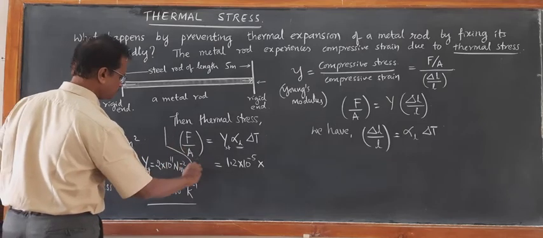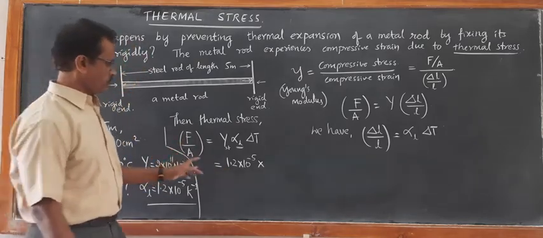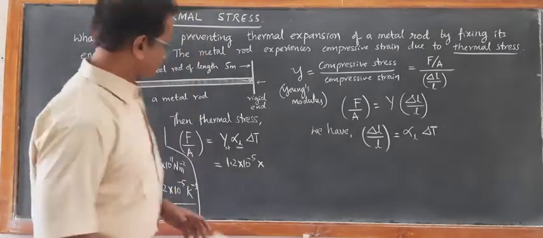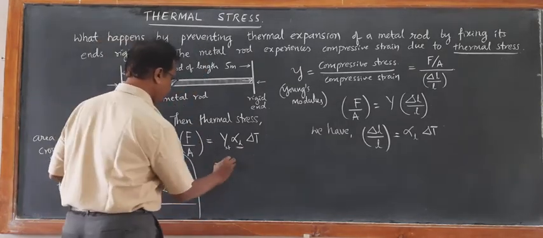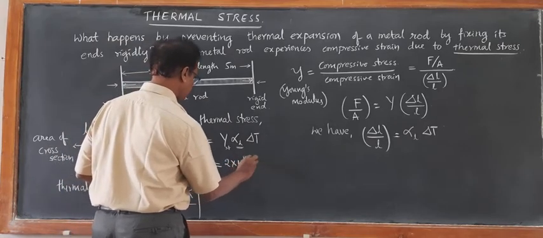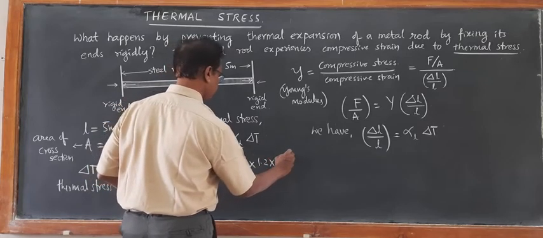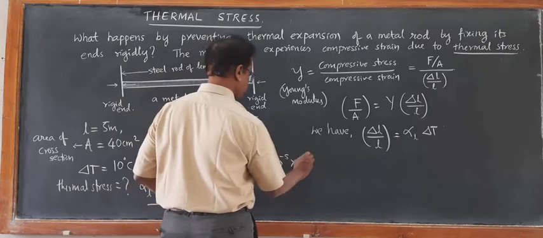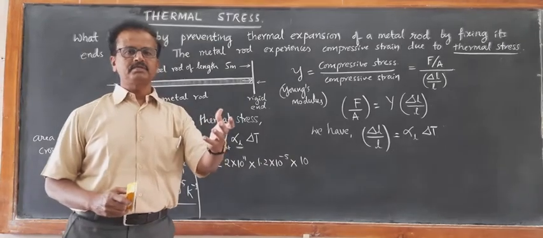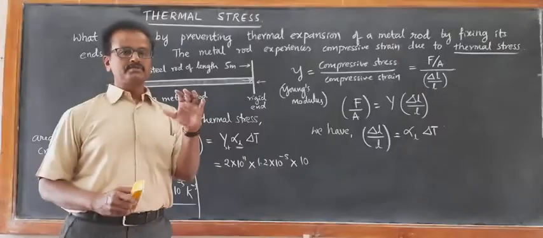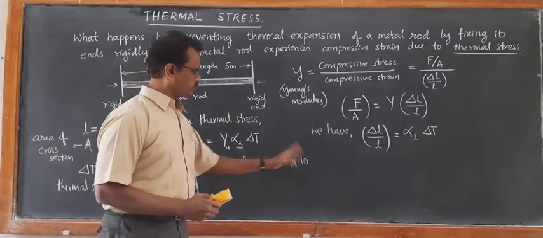With this data, we can calculate what is thermal stress. We can write now Young's modulus 2 into 10 raised to 11 into 1.2 into 10 raised to minus 5 into change in temperature, 10 degrees Celsius. Change in temperature in Celsius is the same as change in temperature in Kelvin. So delta T is equal to 10.